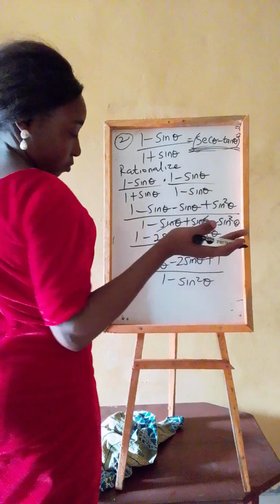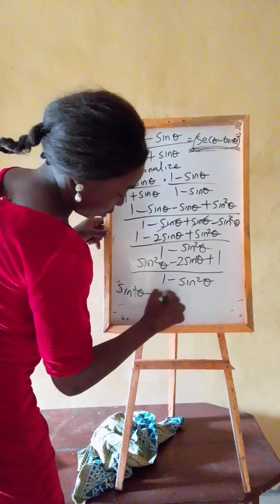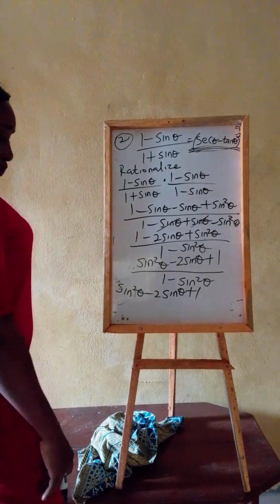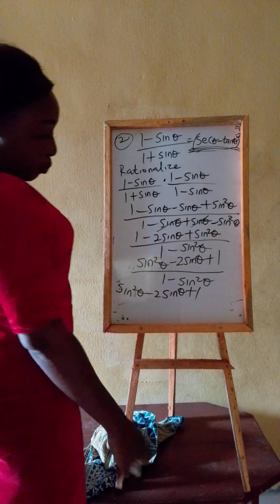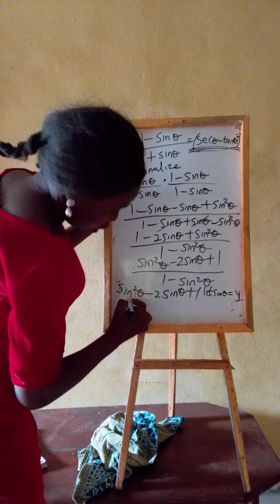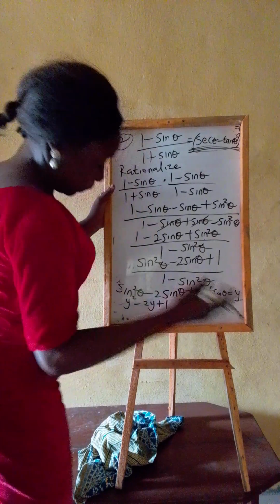So when you have something like that, sine squared theta minus 2 sine theta plus 1, what do you do? Very simple. You can let sine theta equal y. So we have y squared minus 2y plus 1.